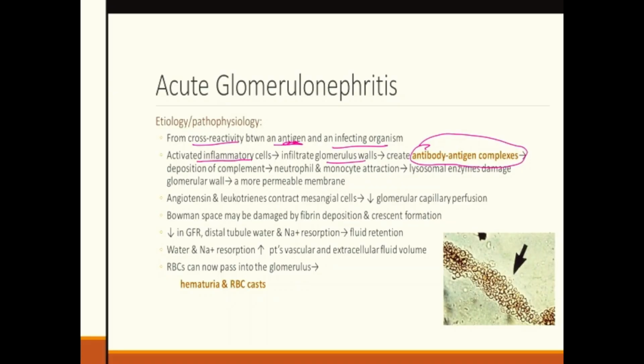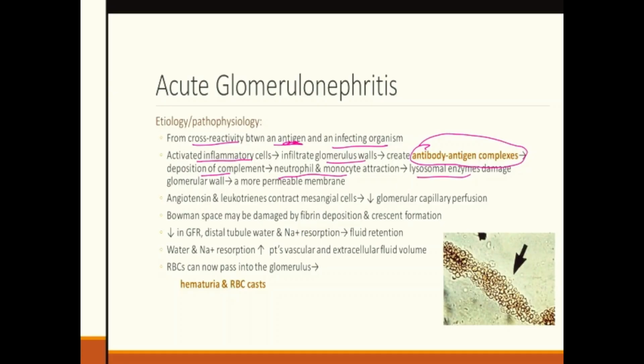The antigen, the foreign antigen, the antibody that our body is producing, they combine to make a complex. And this gets deposited in the wall, depending on what part of the wall. We'll go through that in a second. But now we have these inflammatory cytokines and complement in the area that is all going to attract neutrophils and monocytes. It's an inflammatory reaction. They have to come to help clear the area and get it healed and ready to go. But when this happens, we get lysosomal enzymes.